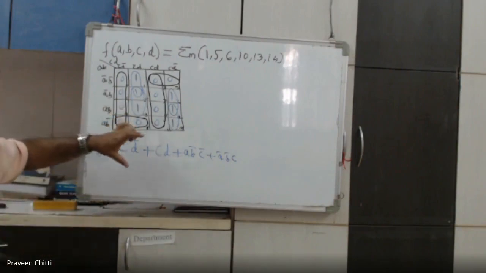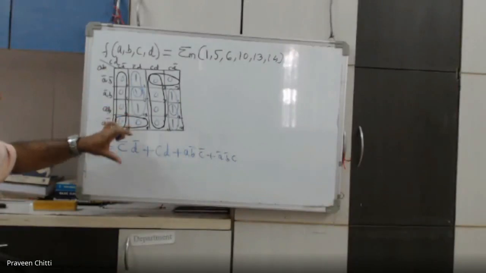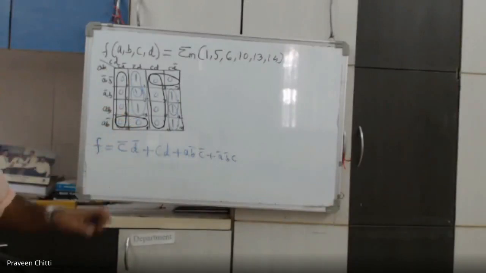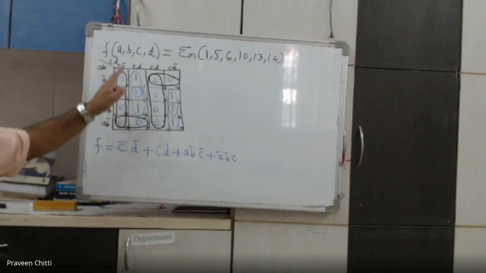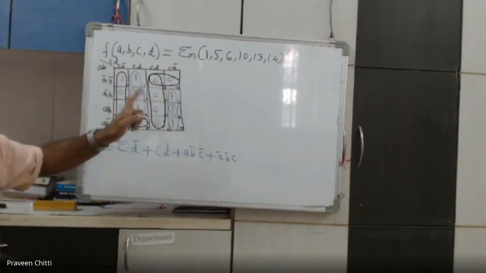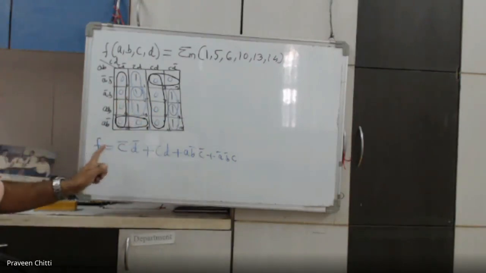If you are using this particular technique to simplify the given equation and to get the POS expression in the same KMAP, just form groups of zeros, and after forming the groups of zeros, write the corresponding product term for whatever group we have formed.